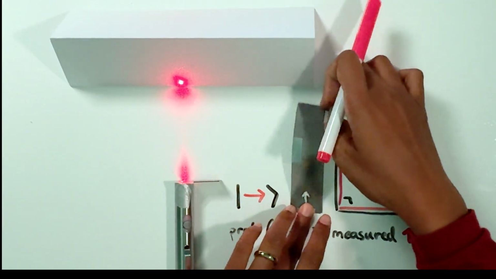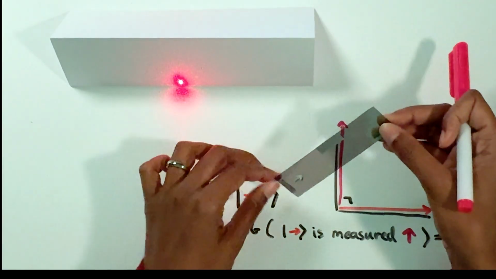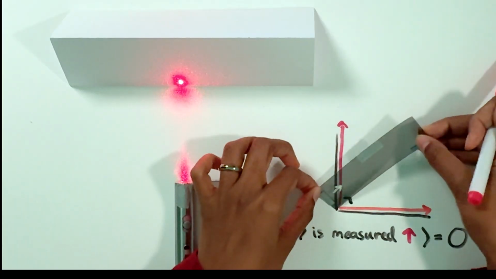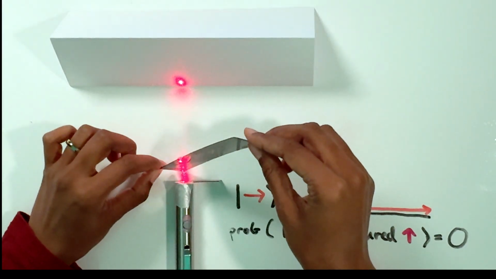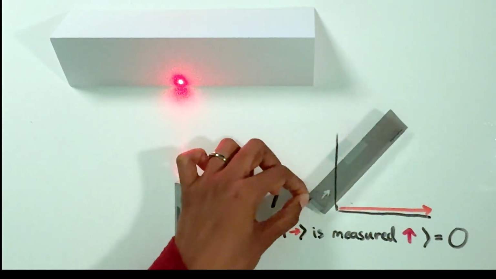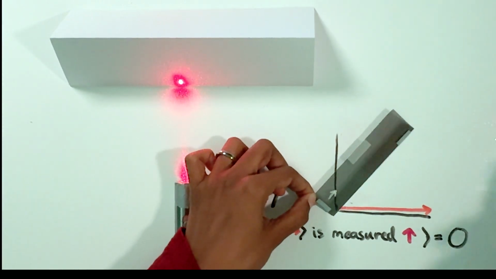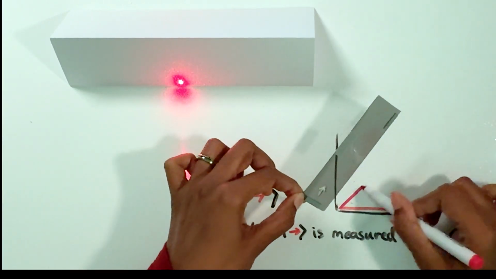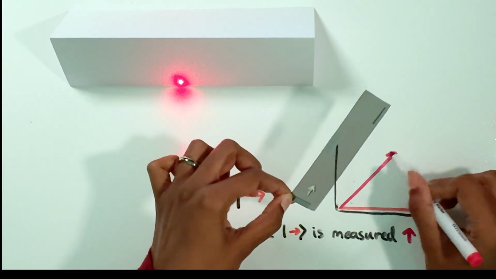Now let's instead rotate this measurement angle to 45 degrees. So if we do this, now that is represented by this vector. How orthogonal are these two things to each other? Orthogonal, by the way, just means how much of a right angle there is between these two things.